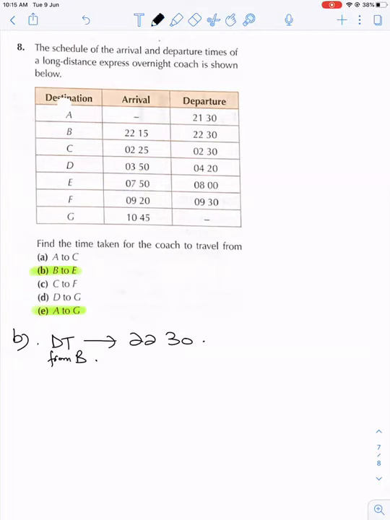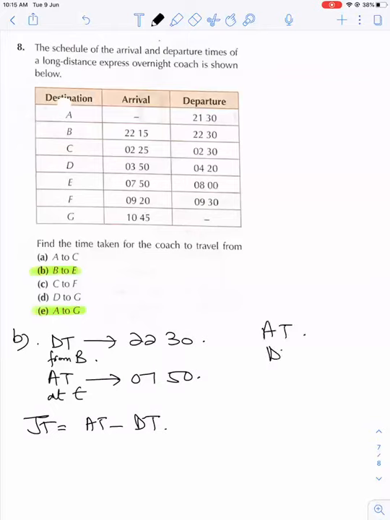So I'm going to write here arrival time at E is 7:50. In order to find out the journey time, the formula says arrival time minus the departure time. So arrival time on the top, departure time underneath. We're going to subtract the two to get the journey time.